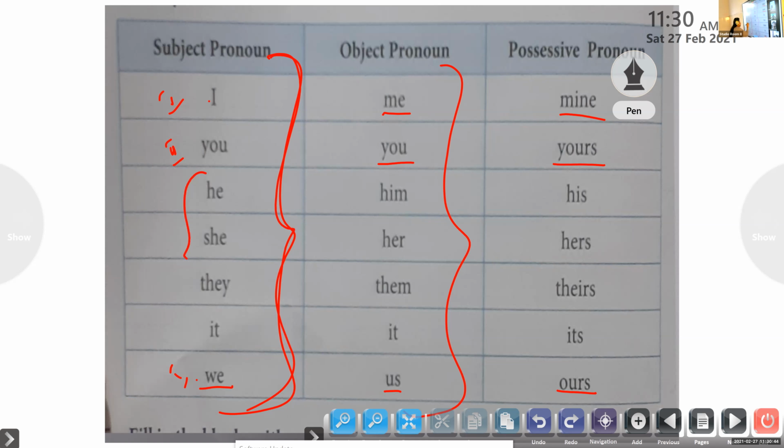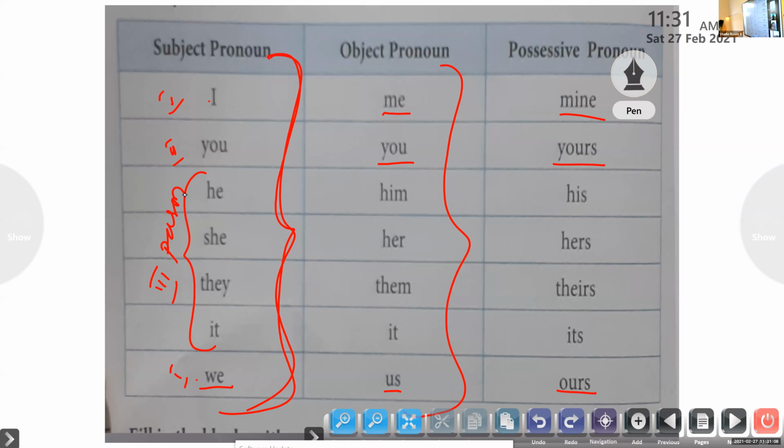The remaining four are the third person. He: him is the object pronoun and his is the possessive pronoun. She, her and hers. They, them and theirs. It: the object pronoun is also it and the possessive pronoun is its.